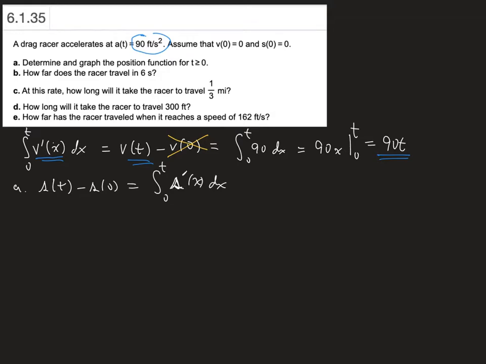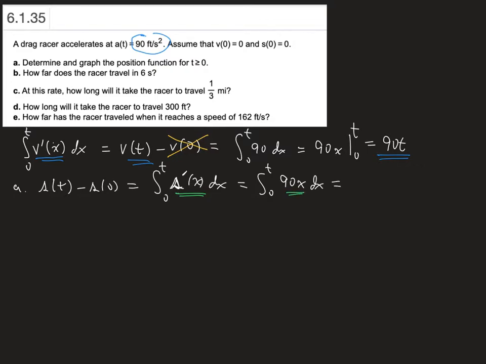But the derivative of position is just velocity. So this is the integral from 0 to t of 90x dx, because the derivative of the position function is the velocity function.